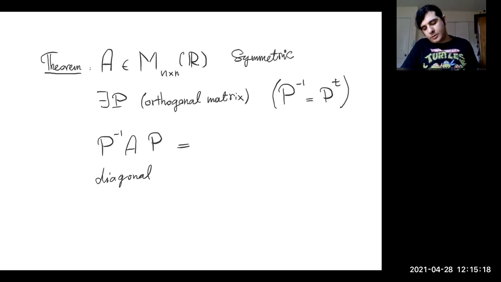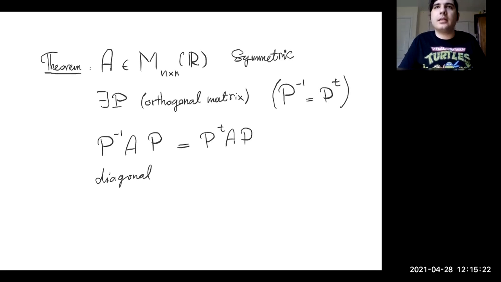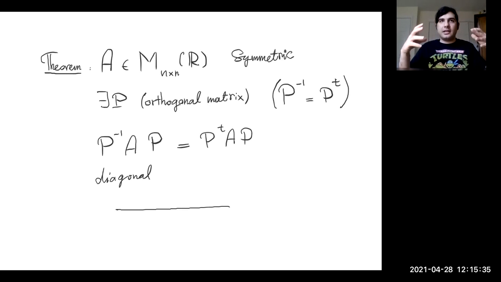Note that this is equal to P transpose AP because P is orthogonal, and then its transpose and its inverse are equal. Think about this one for a few minutes, and then I will say why it's true. Try to use the things we talked about up to this point. We can use them to prove this theorem.